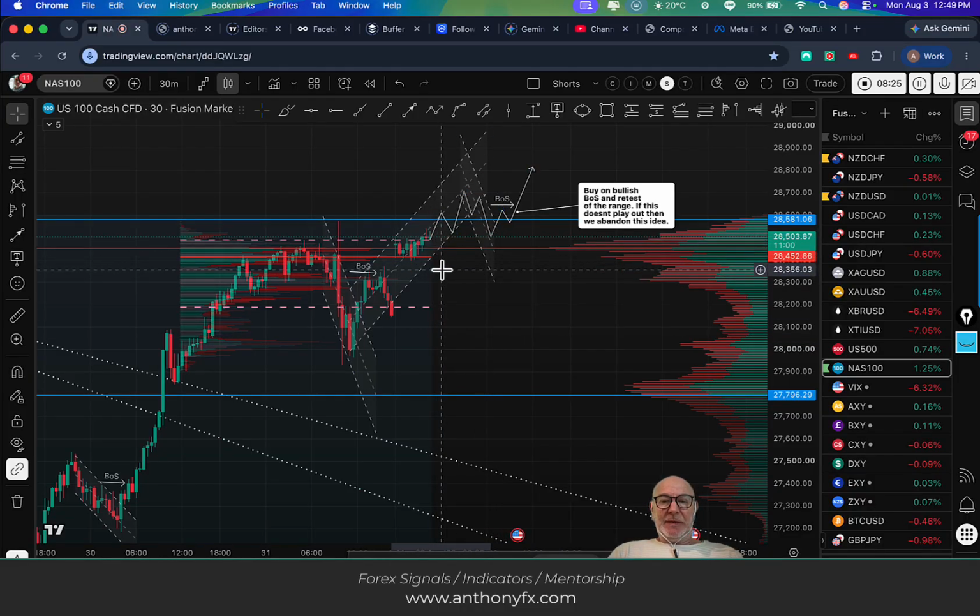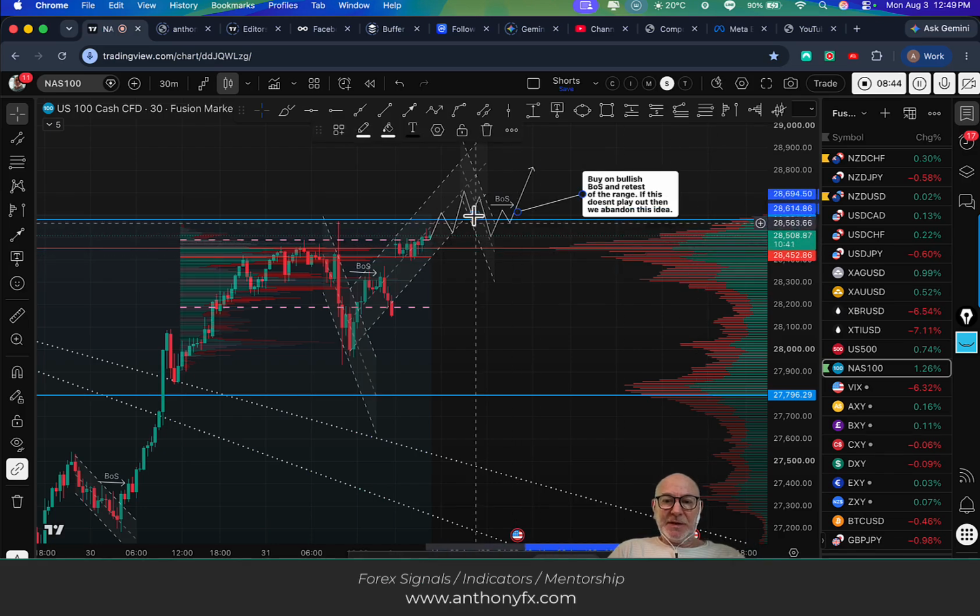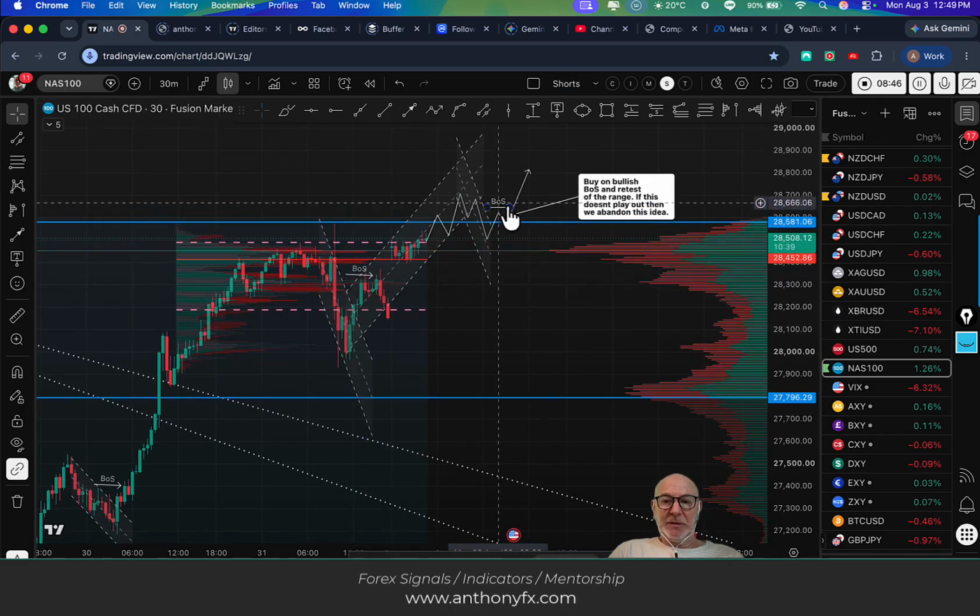It could pull back under and continue up, but it's above this value range, the value area high. These two levels here, blue and pink dotted, and you've got this point of control from this bigger picture volume. So this is a key level. It's got to hold above that.